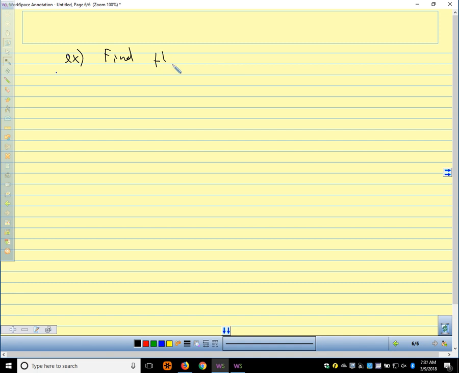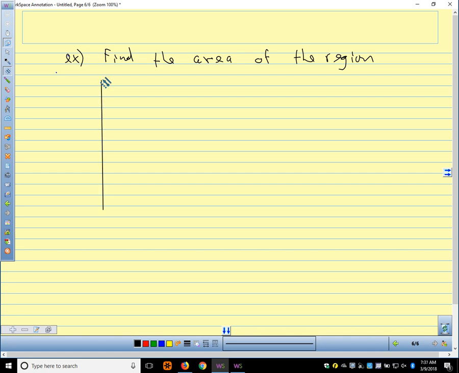So we want to find the area of the region.